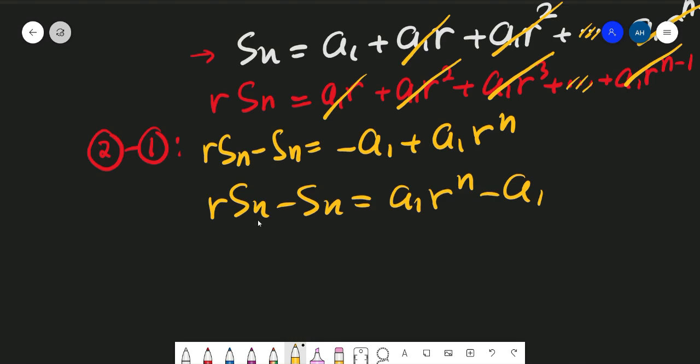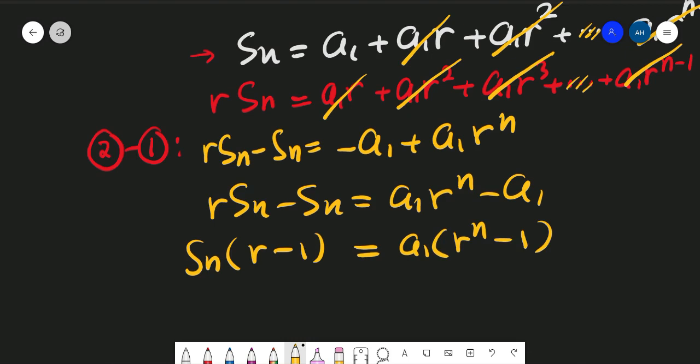Sn we have in both terms, so we can factorize Sn. We are left with r minus 1 there, equal to, now on the right hand side both terms have a1, so we can factorize a1. For the first term we are left with r^n, for the second term with 1, like this.